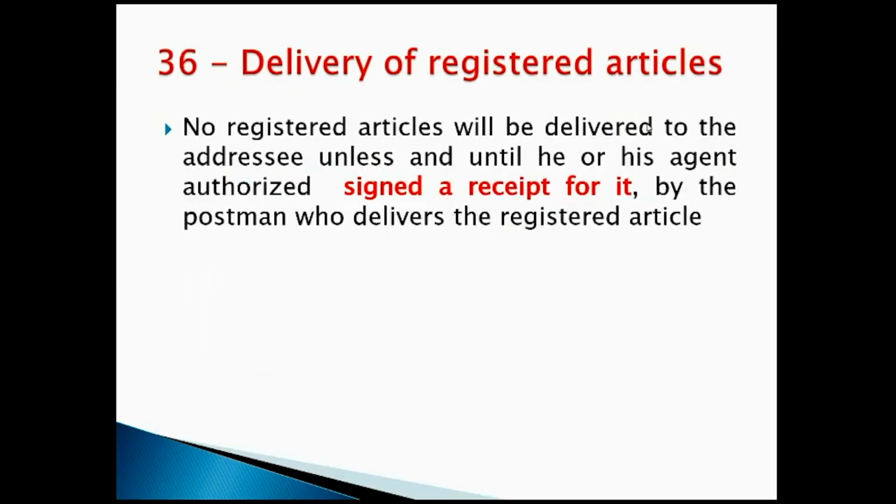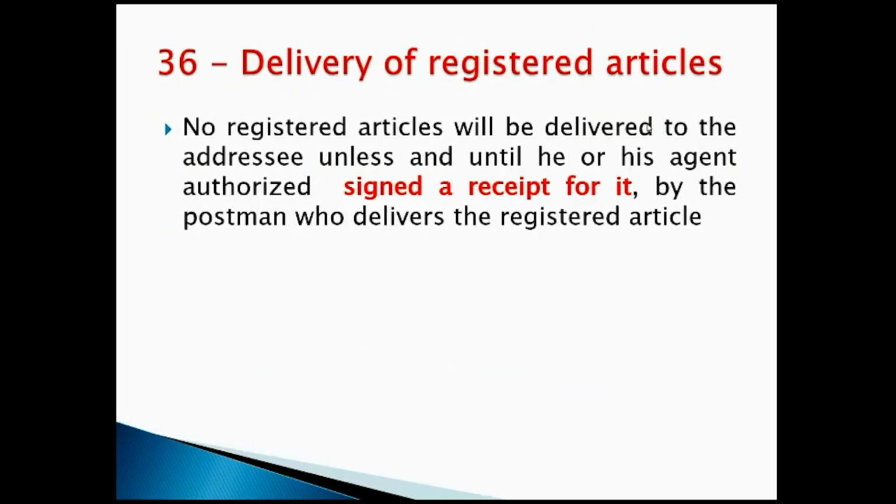So the next one, how to deliver a registered article. No registered article will be delivered to the addressee without getting an acquittance, that is, without obtaining a signature as a receipt for it. The postman or a delivery agent should not deliver such registered articles, and not only registered articles but any accountable articles, without it. Especially a registered article is addressee specific, right?